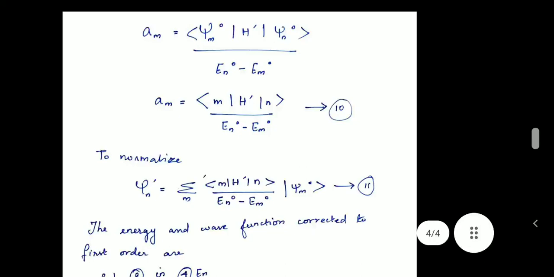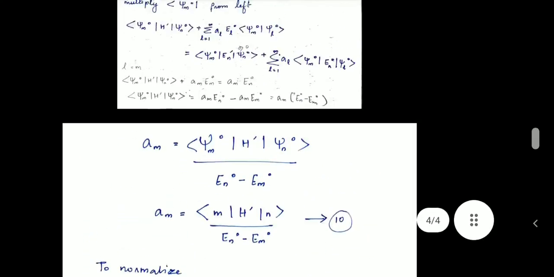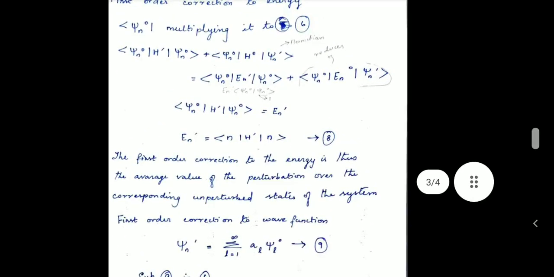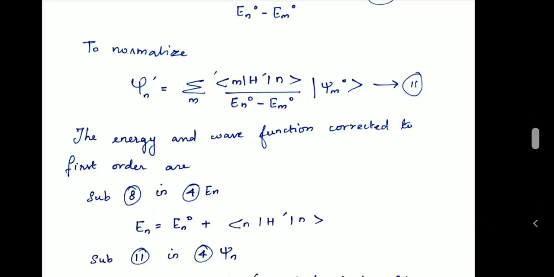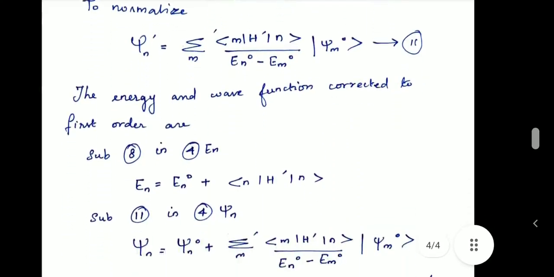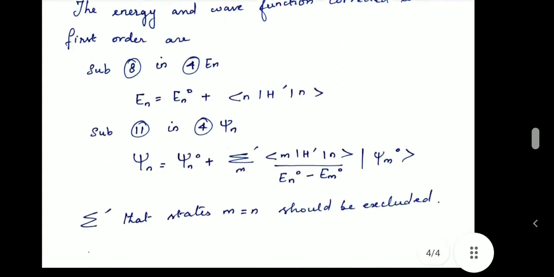So the energy and the wave function are corrected to first order by substituting the 8th equation in 4, and this 11th equation in 4, and we will get the energy and wave function corrected to first order respectively. And in the summation, the state m is equal to n should be excluded. It should not be taken into consideration. Thank you.